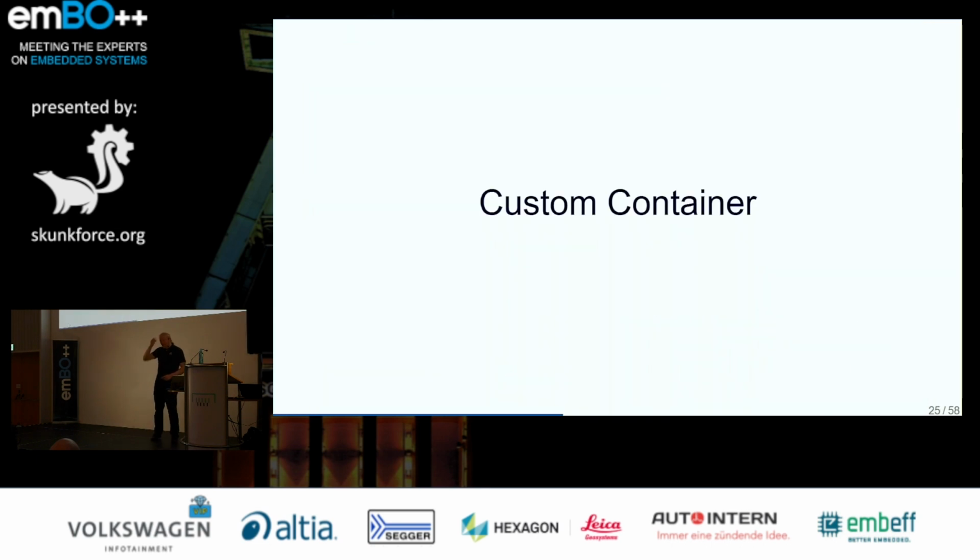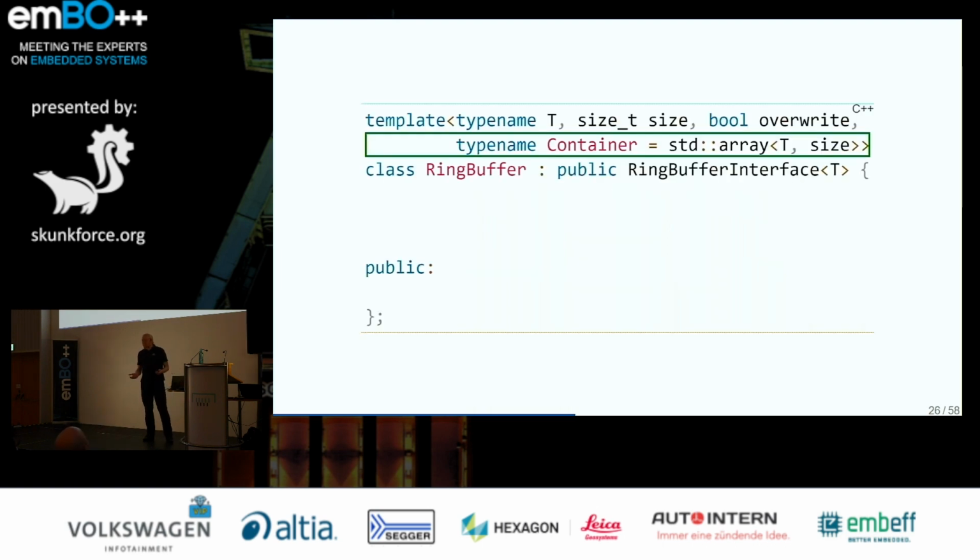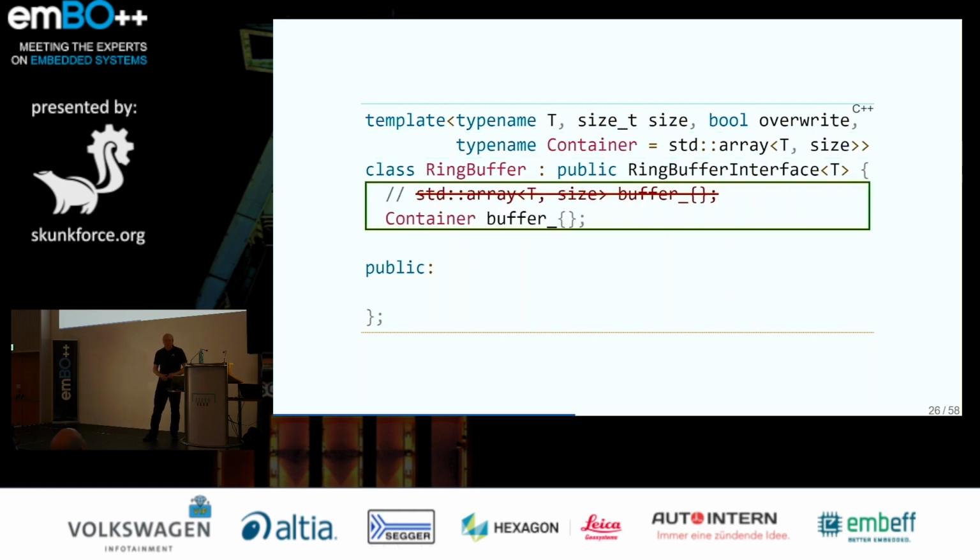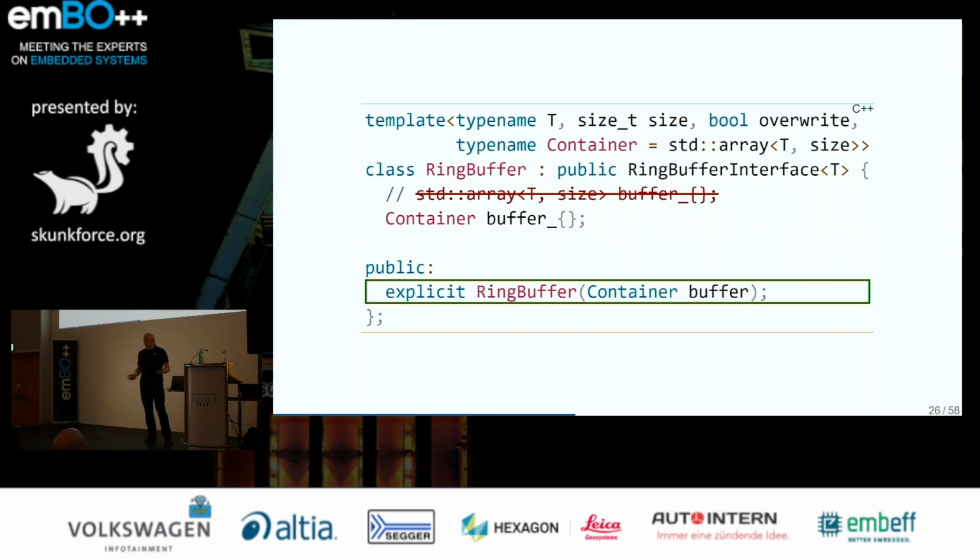Too bad. Now we also have to customize the container type, because not everybody is happy with a standard array. We basically want to allow optimizations on the user level. Okay, let's add another template argument, default it to standard array, change our buffer storage from standard array to a template container, and also add back a constructor.